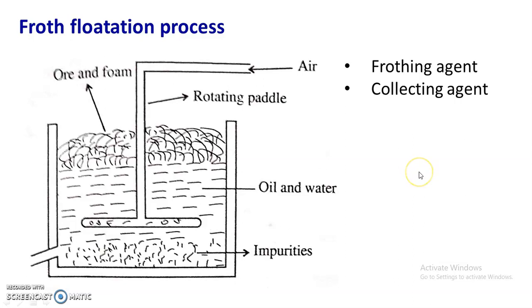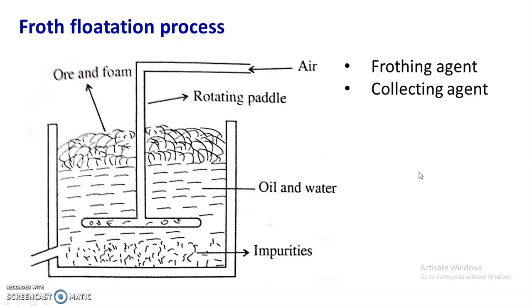Another important chemical added at the time of the froth flotation process is the collecting agent. Since the froth flotation process is based on the principle of selective wetting, the collecting agent makes the metallic particles, especially the zinc sulfide particles, hydrophobic, that is water repellent.